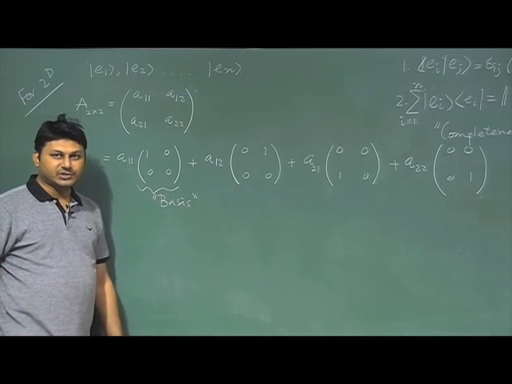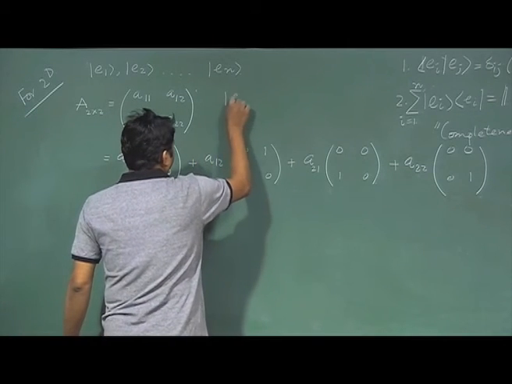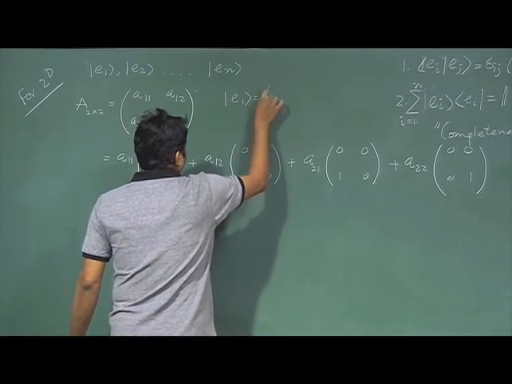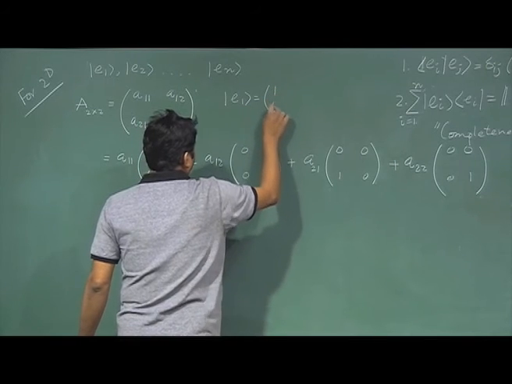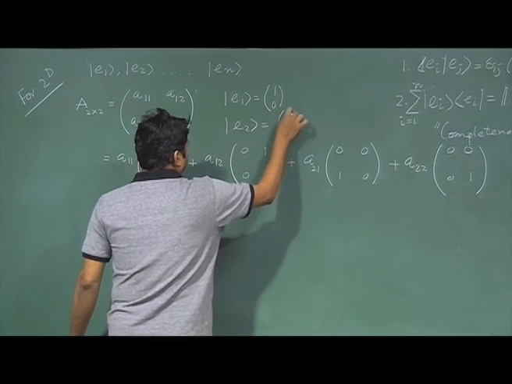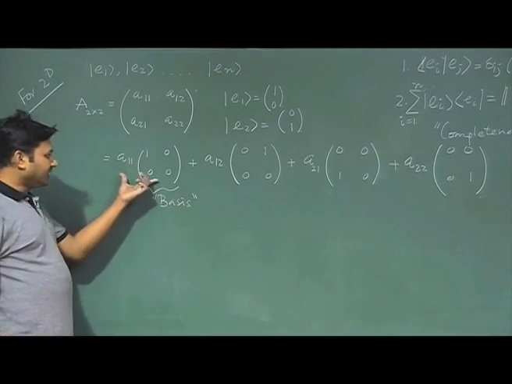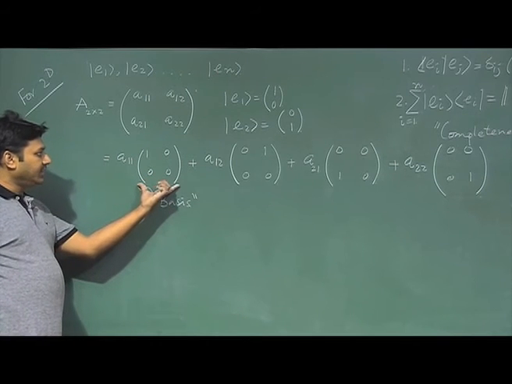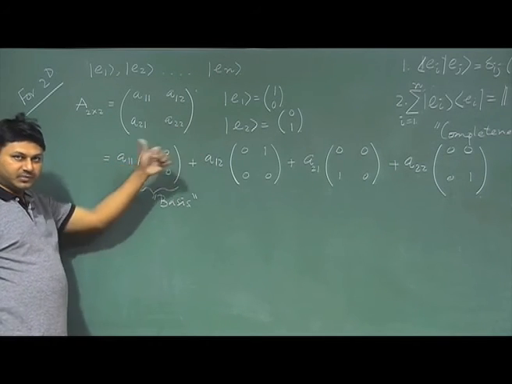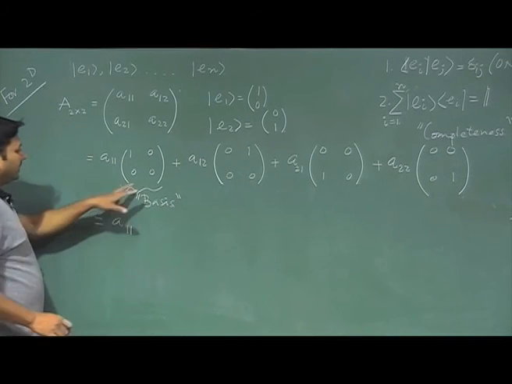The most natural basis one can have. In 2D, by the way, E1 is 1 0, the natural basis, and E2 is 0 1, the natural basis. I can write this quantity in terms of E1 and E2 also, as I just did before. So the unit matrix will be how much?